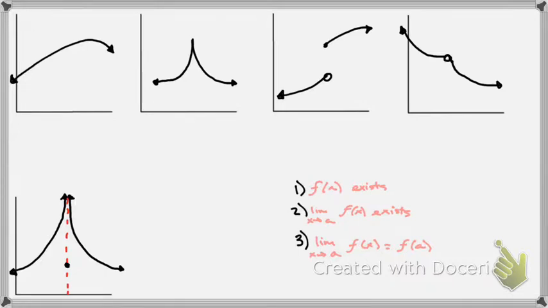The limit as x approaches a of f of x exists. So does the limit exist at each point? Well, it looks like it to me, because the only way the limit does not exist is if it does not approach the same number from each side.